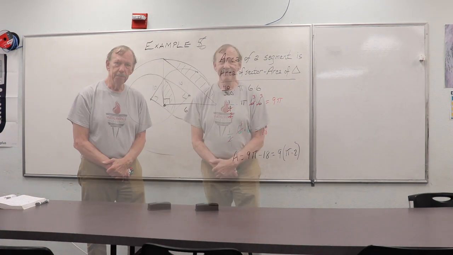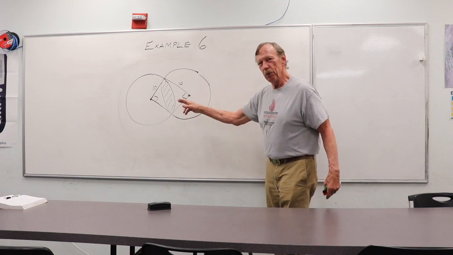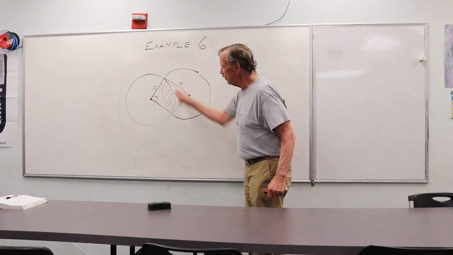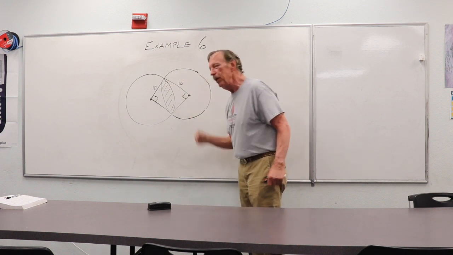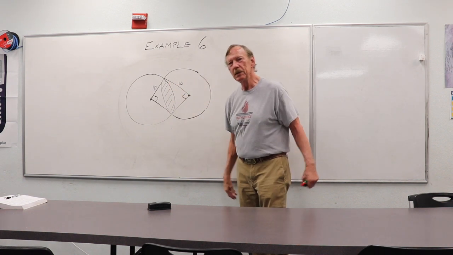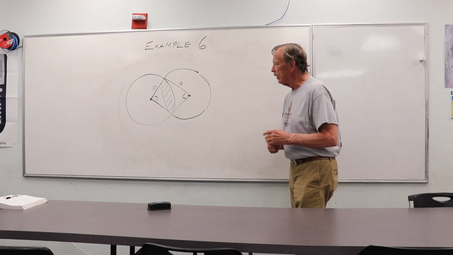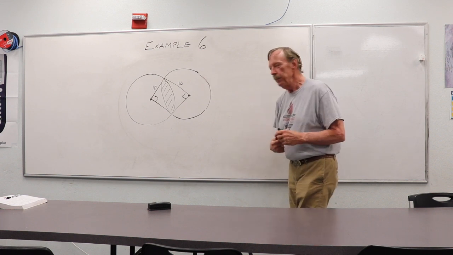In example 6, the crowning achievement of putting this all together is to get this funny looking shape here. Kind of looks like Hey Arnold's head when he's taking a nap. This area. But all is not lost here. Let me show you what you need to do.